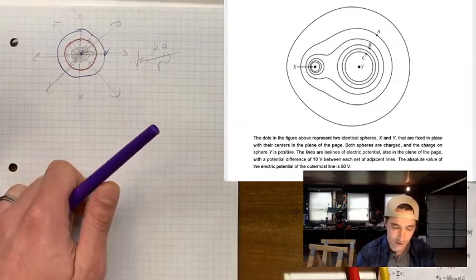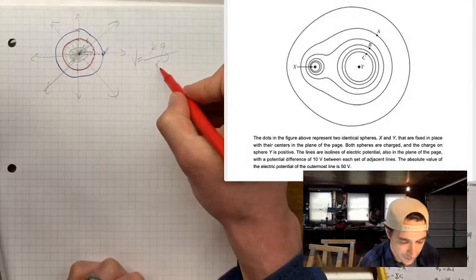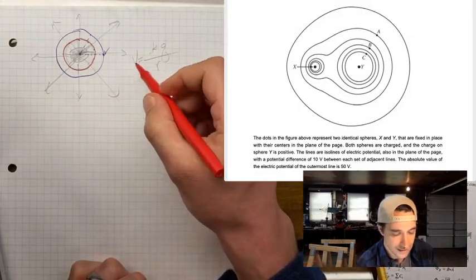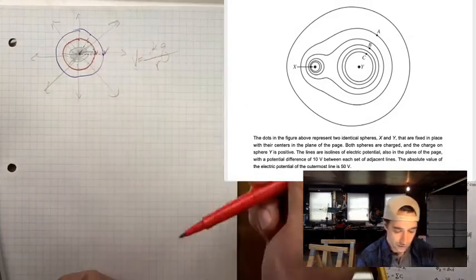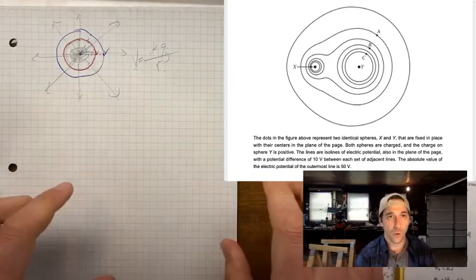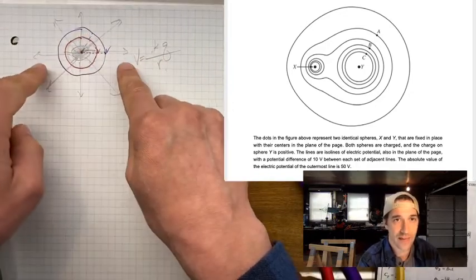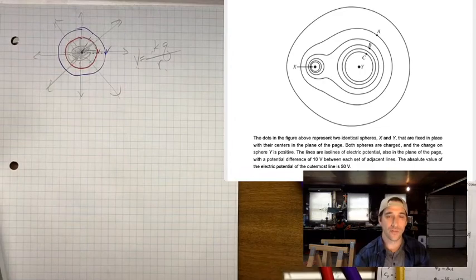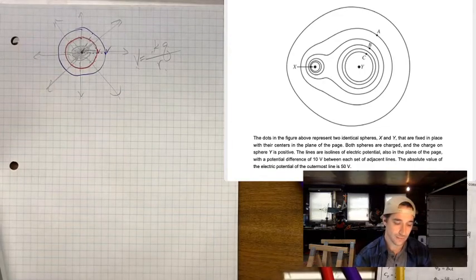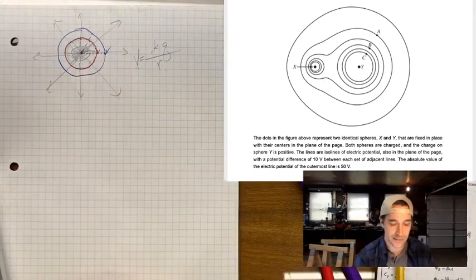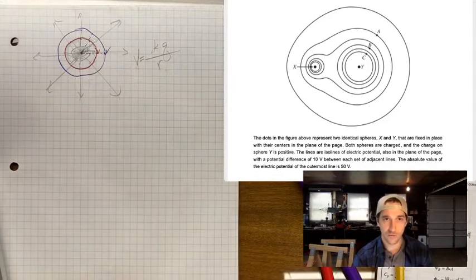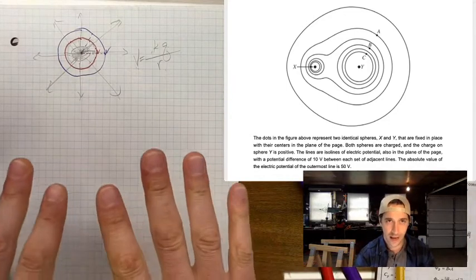And if it's getting bigger, this bottom number is getting bigger, so our V is actually getting smaller. No matter what, we could walk our way out from that point and get all different V's. They would get smaller and smaller as we get away from our charge. So hopefully the idea of an isoline starts to make sense.